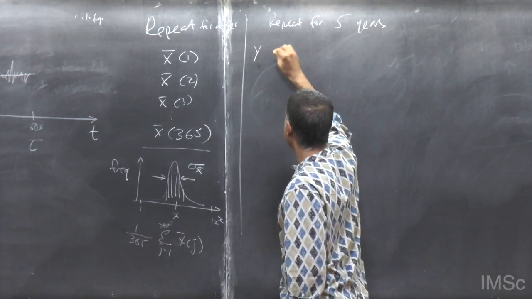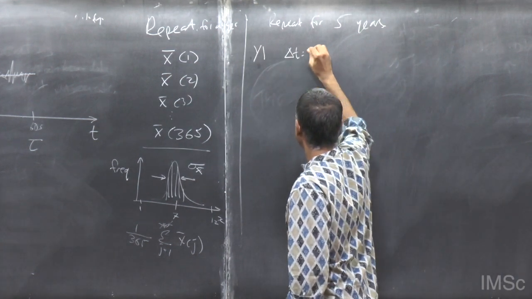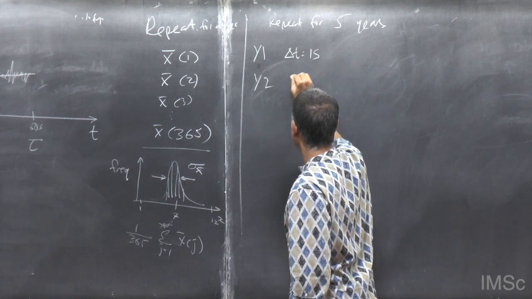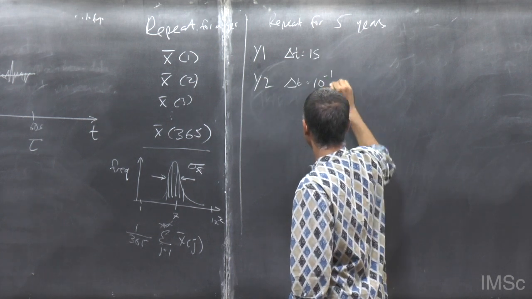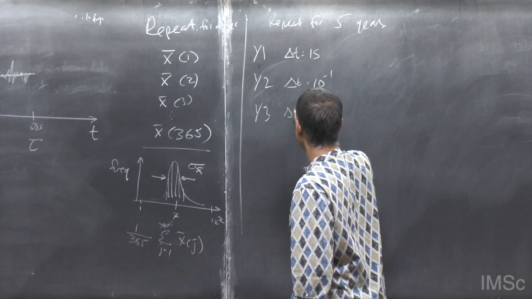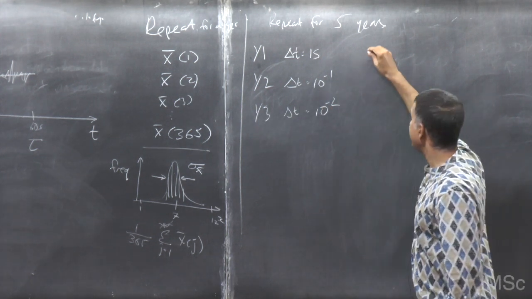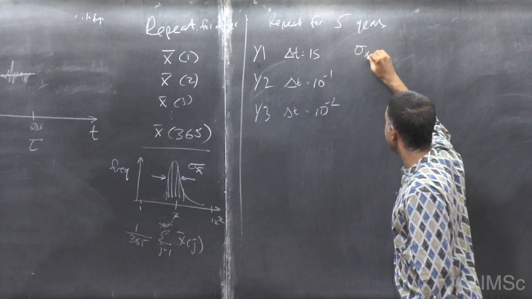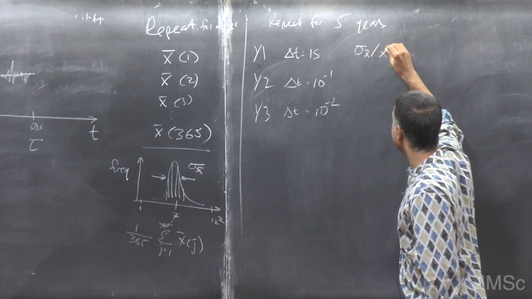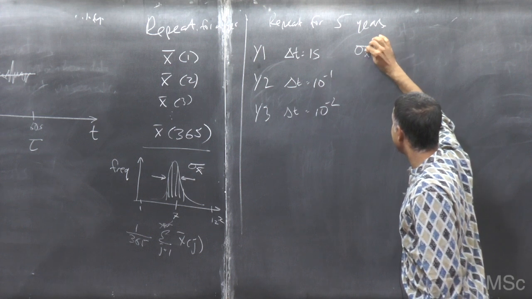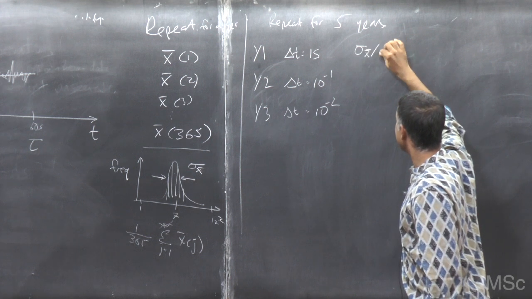In year 1, I use delta t equals 1 second. In year 2, I use delta t equals 1/10 of a second. In year 3, I use delta t equals 1/100th of a second, and so on. And for each of these, I plot the observed value of sigma x bar divided by the mean of x bar.